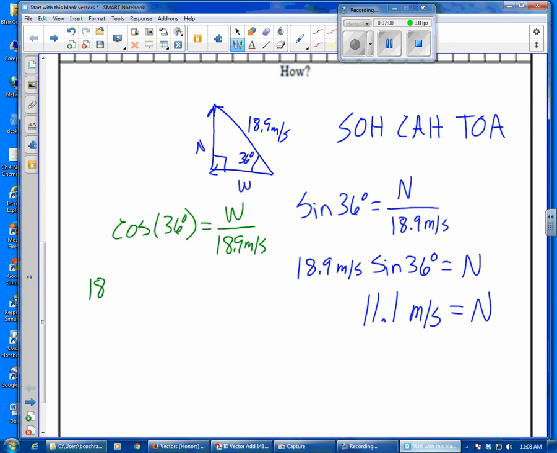So I have 18.9 meters per second cosine 36 degrees equals W. And I get 15.3 meters per second.